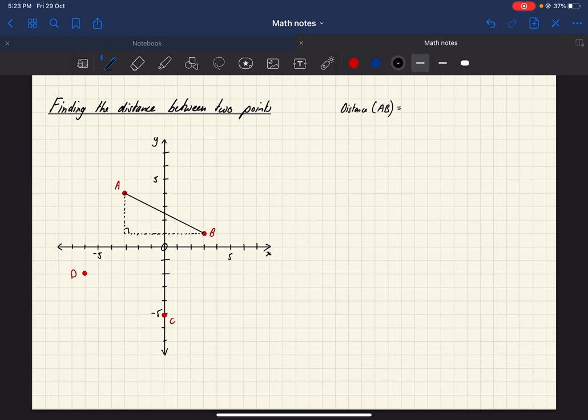Now the Pythagorean theorem is this formula here, a squared plus b squared equals c squared, where a and b are your short sides and c is your longest side. Now if we want to get just c instead of c squared, we're going to square root everything to get this formula here.